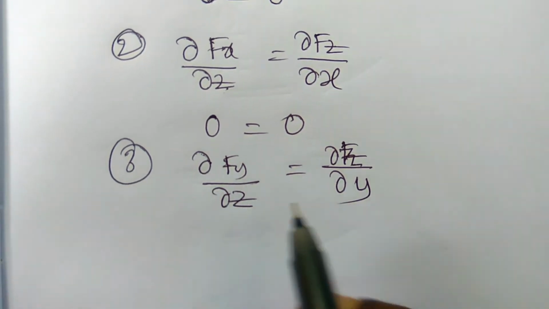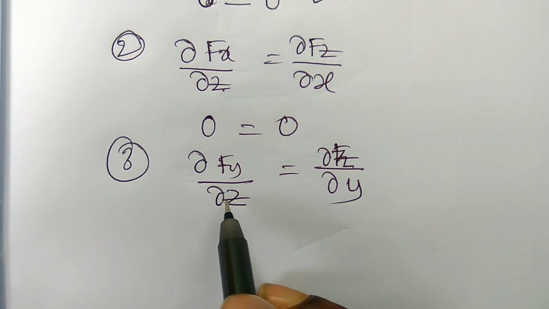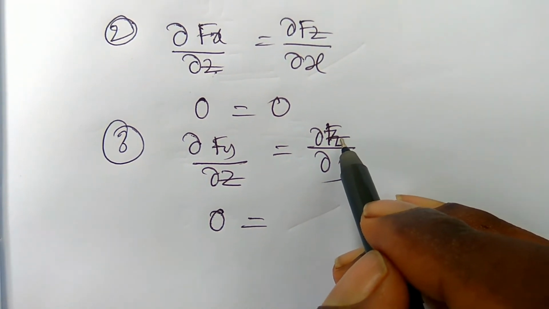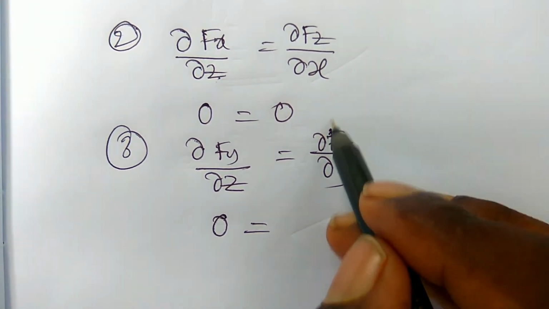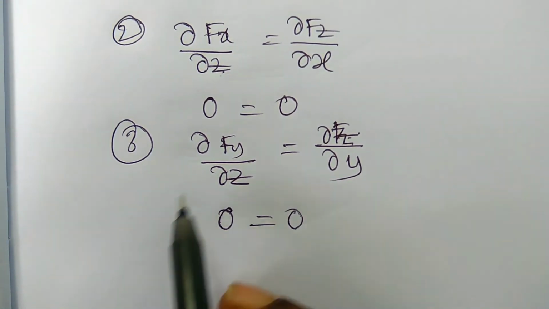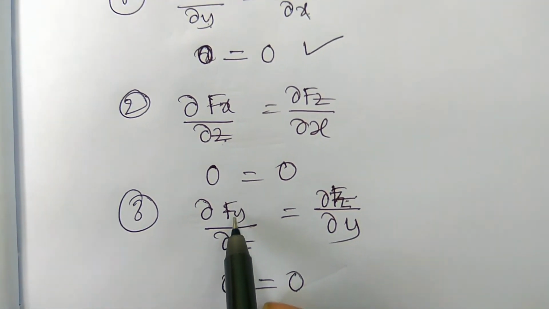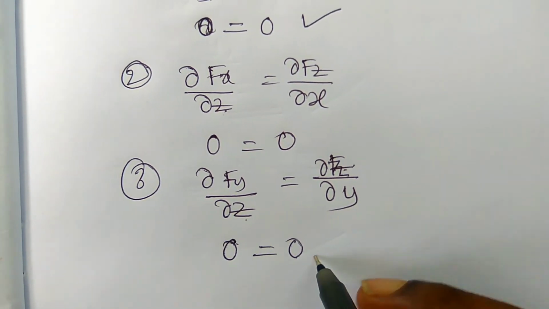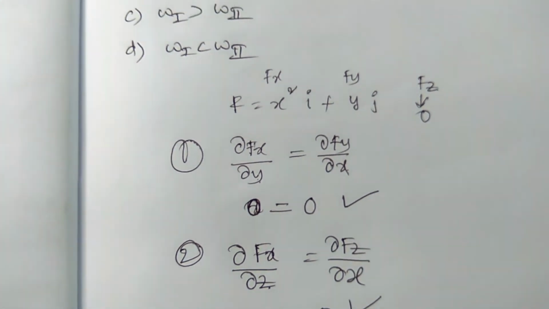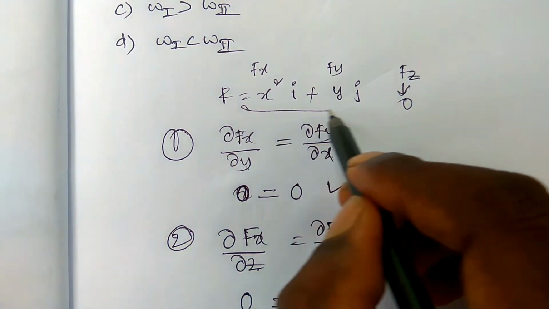Fz is 0, so 0 with respect to z is constant, 0. Fy is y, with respect to z it is constant. So the three conditions are satisfied, hence this is a conservative force.